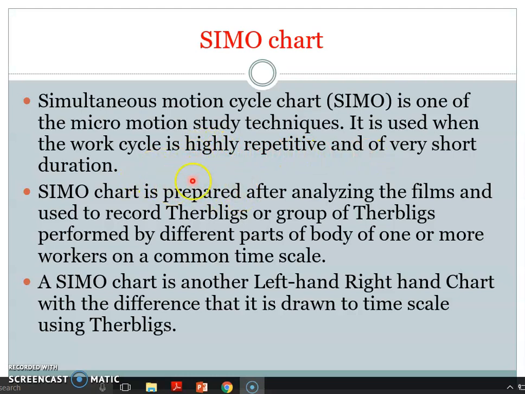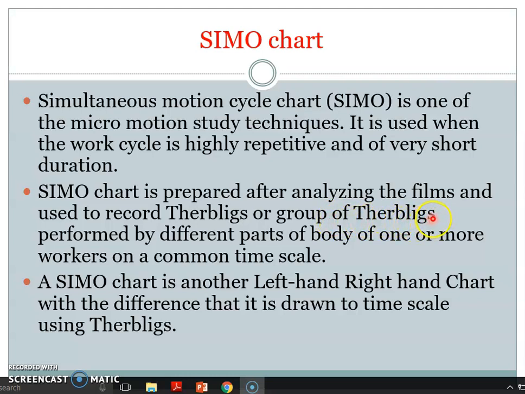So while preparing these charts, we have to analyze the films used to record the therbligs or a group of therbligs. We have seen in the previous lecture what the therbligs are. There are a total of 18 therbligs.